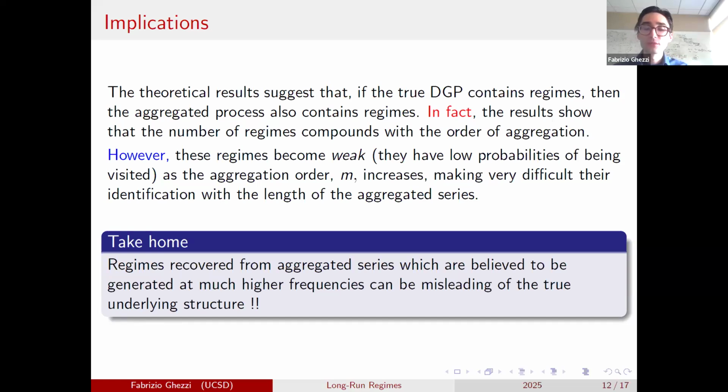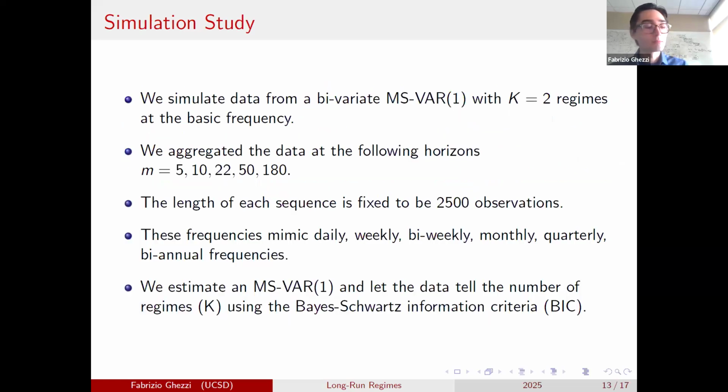You will observe regimes, but they will be a misclassification of the true regimes, which is, I think, one thing that might happen in the consumption asset pricing puzzle literature. And then in the paper, of course, to corroborate this, I do a simulation study and empirics.